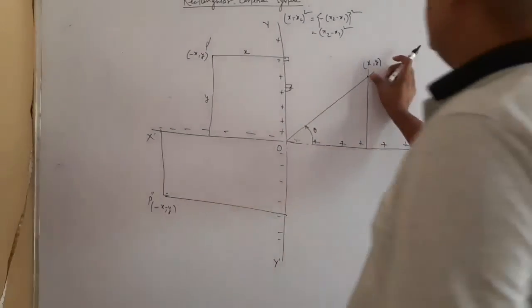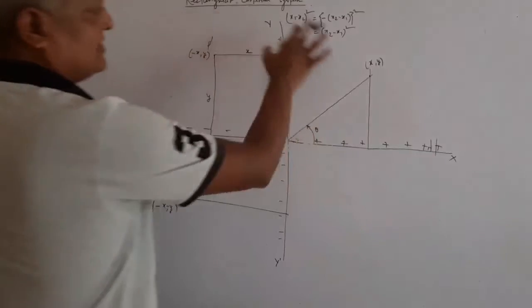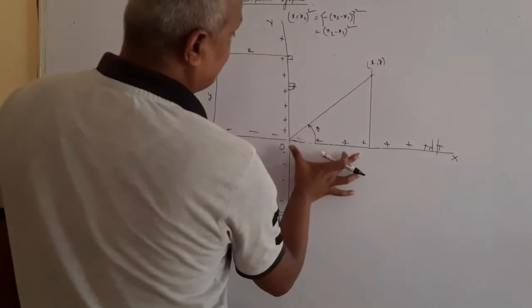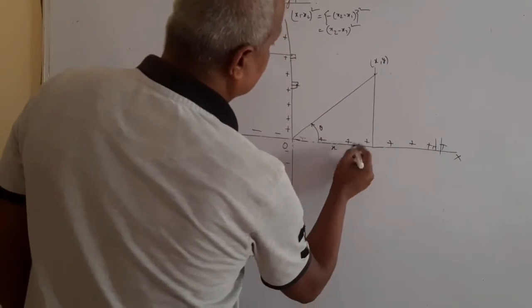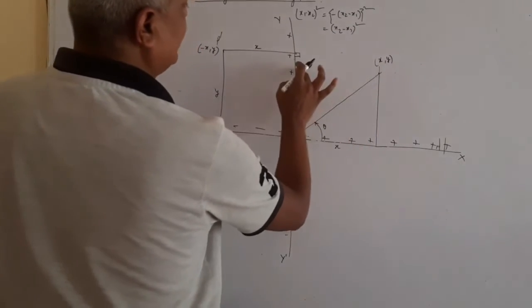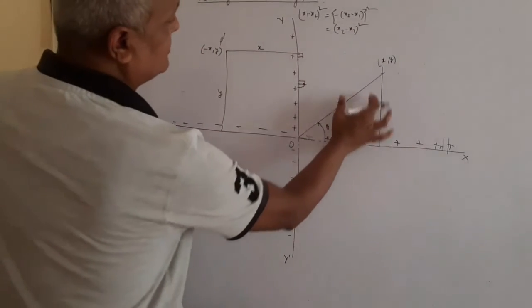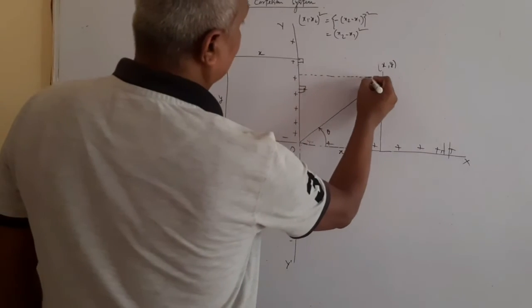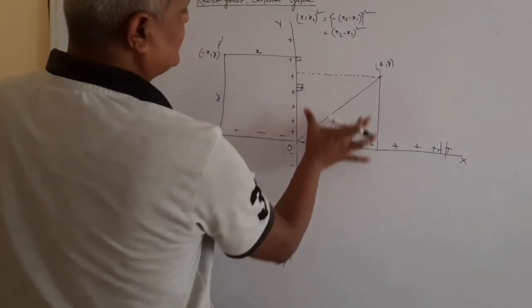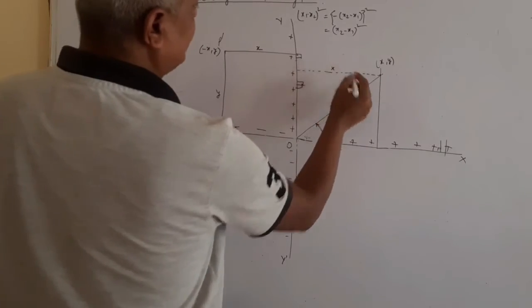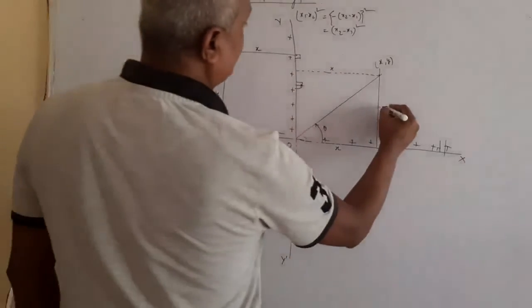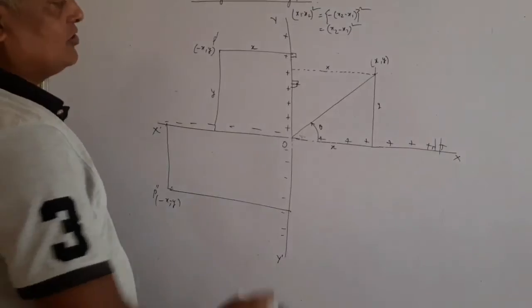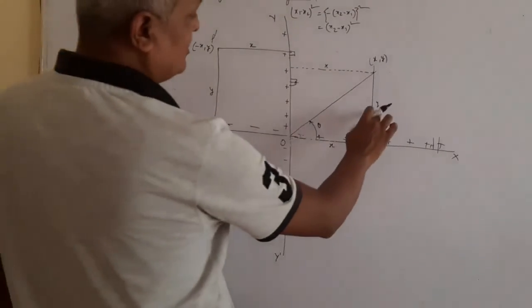Now in terms of the rectangular Cartesian system, this distance is your x, the perpendicular distance from here to the y-axis, because this will make a rectangle, and opposite sides of a rectangle are the same, so this is x, this is also x, and in the same way this is y.